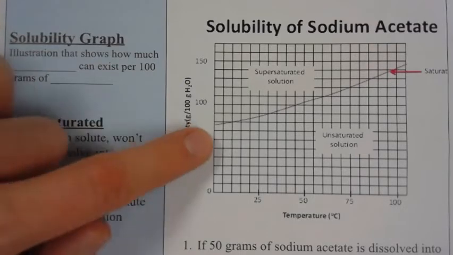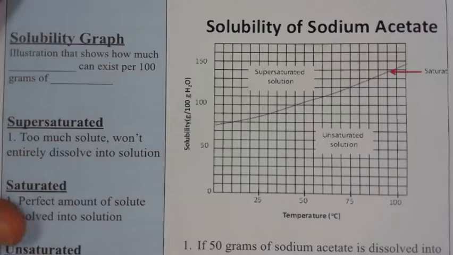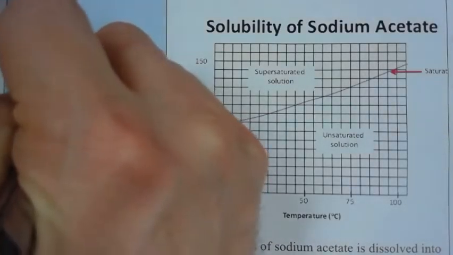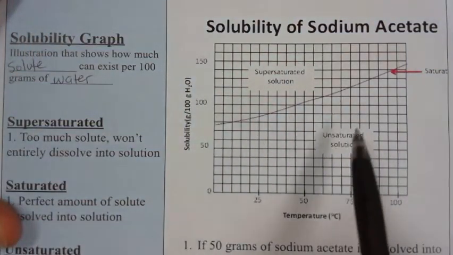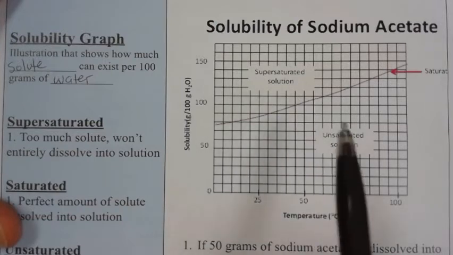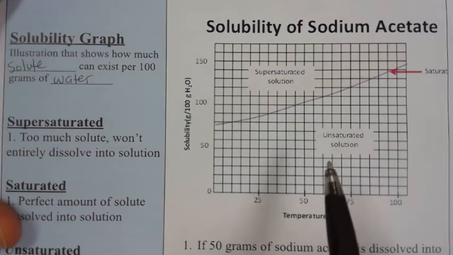So a solubility graph, like we have to the right, is an illustration that shows how much solute can exist per 100 grams of water. Right? So you don't have to have this graph visualized or memorized. You'll be provided with this reference point, but we need to be able to identify the components of it.